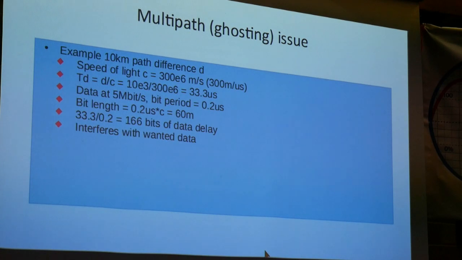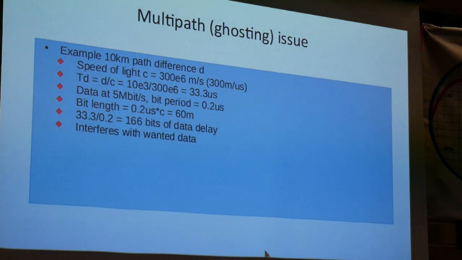So that's probably from about, I don't know, here back to out to the road, or a bit further maybe, something like that. There's one bit of data sitting in that distance. And if you've got 10 kilometres of path delay there, that's 166 bits of data sitting in that delay.